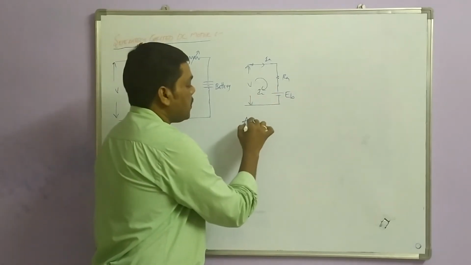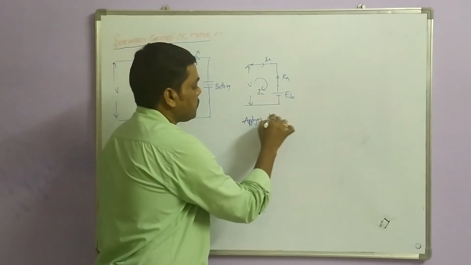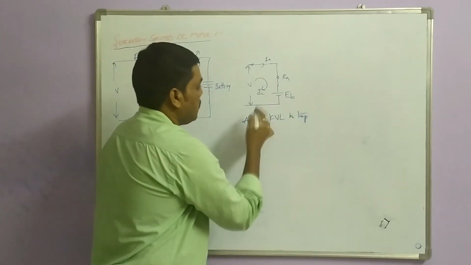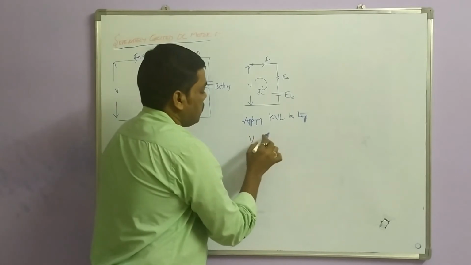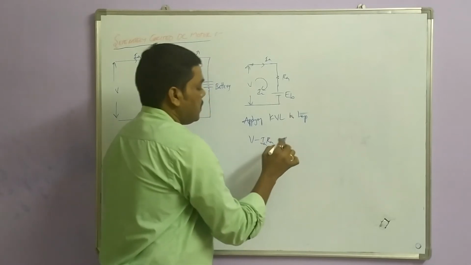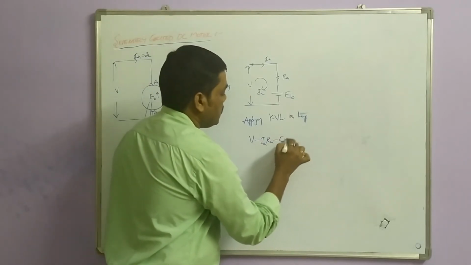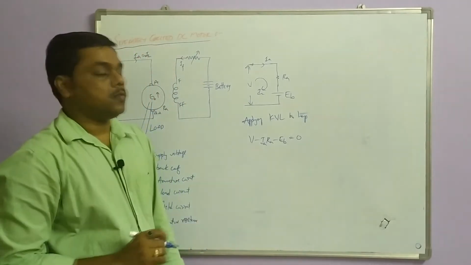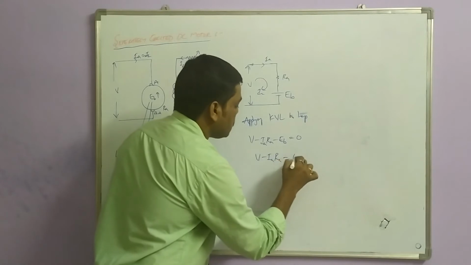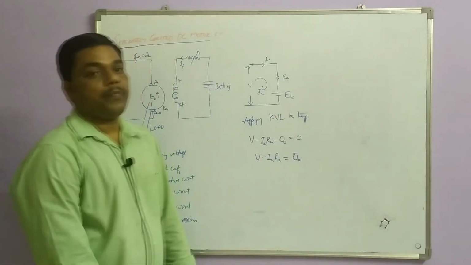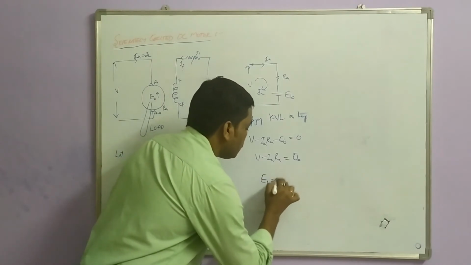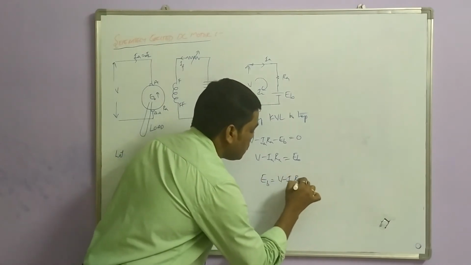Applying KVL to the loop, what you get is V minus IA RA minus EB is equal to 0. So V minus IA RA is equal to EB. What is the formula for EB? EB is equal to V minus IA RA.